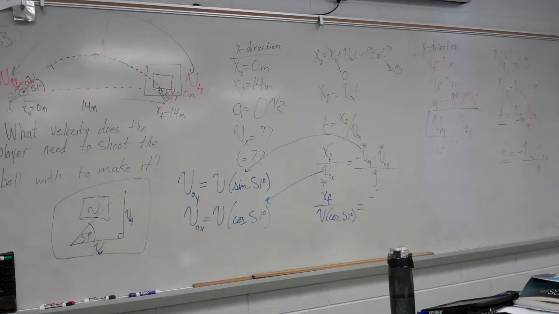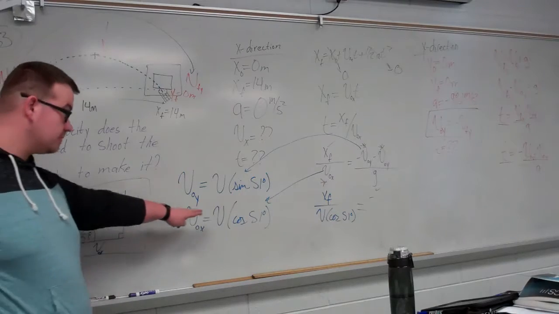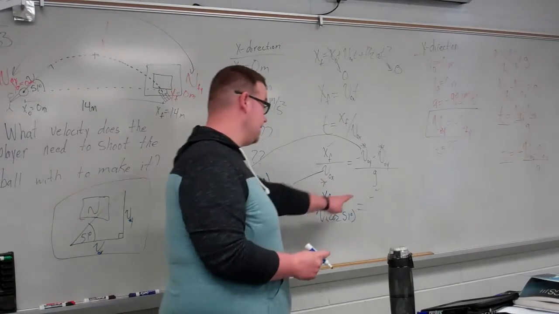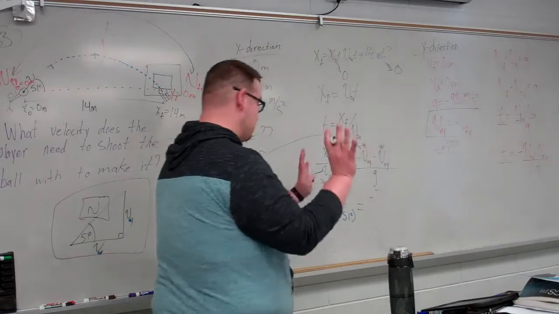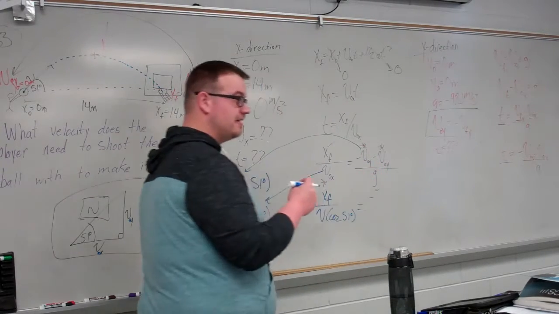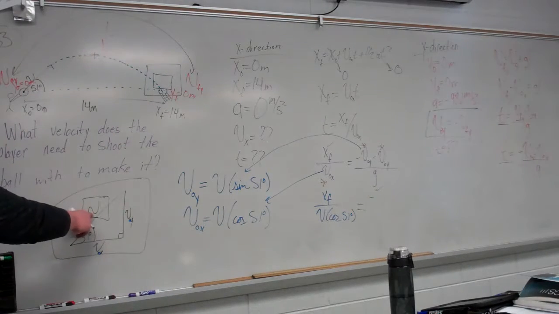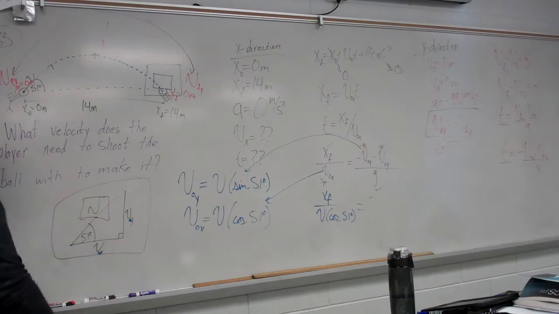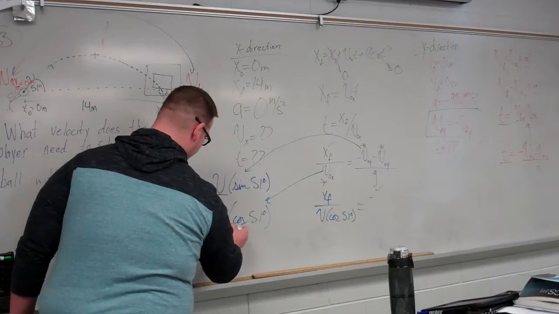So when you get the velocity times sine stuff like that, you're just going to plug that answer in over here. Okay, so this is what I'll end up with. What's velocity? That's what we're trying to find. This V right here is what we're trying to find.